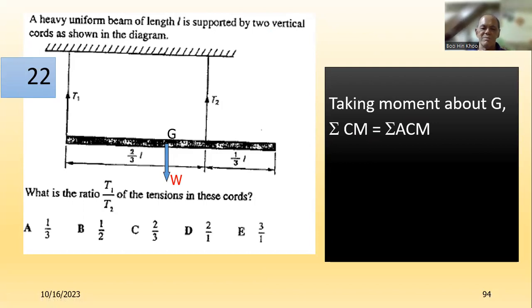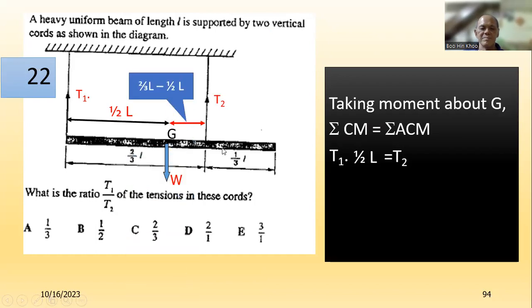clockwise equals anti-clockwise. So T1 clockwise times half the length. Let the length be L, that's half L. And T2 times the perpendicular distance, that one there, is 2/3 L minus half L. So it's half T1 L, right?